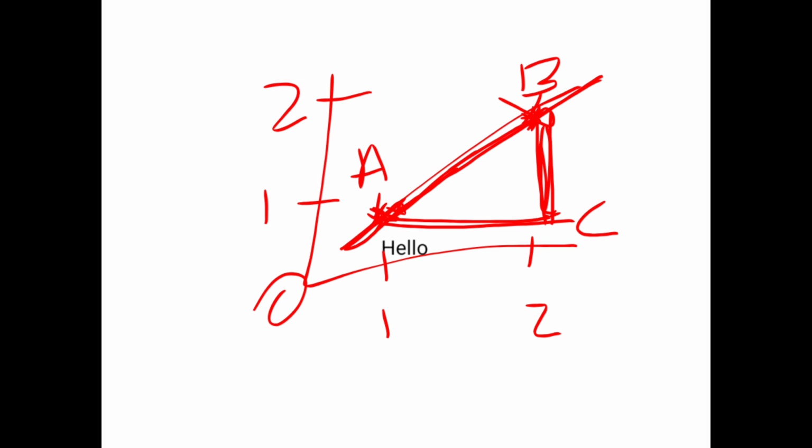Now you can turn around this triangle. Okay, you can turn this triangle to make it a mirror reflection.